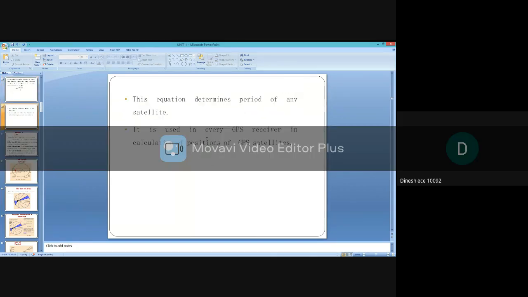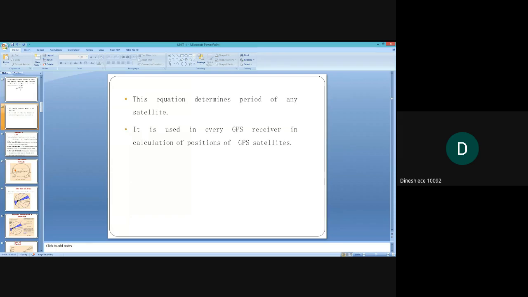This equation determines the period of any satellite.